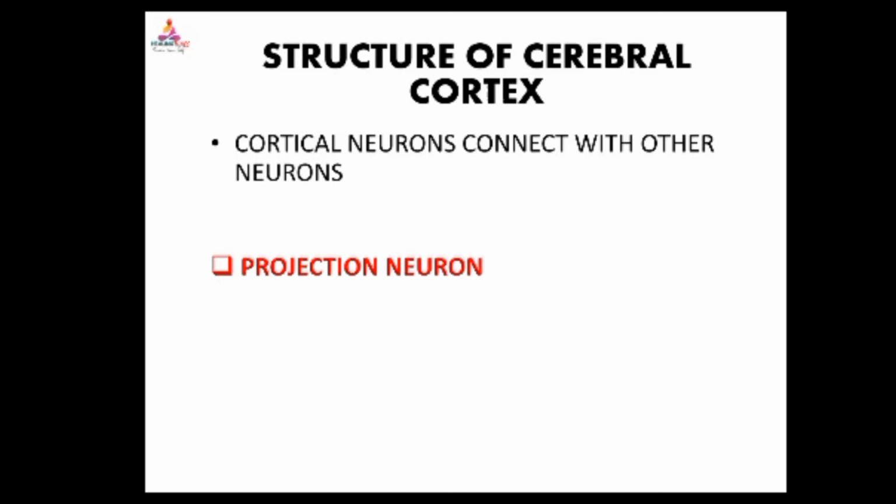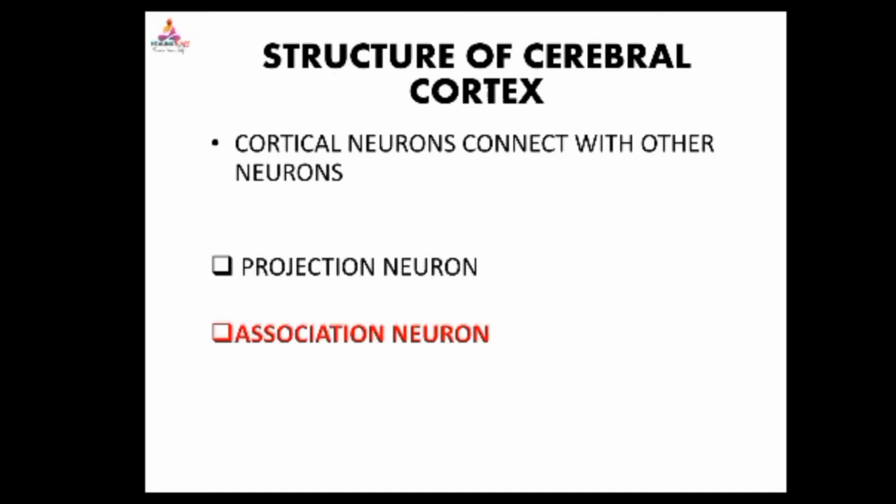The cortical neurons connect with other neurons in the following three ways. First one is the projection neurons, which transmit impulses to the subcortical centers, that is corpus striatum, thalamus, brainstem, or spinal cord.